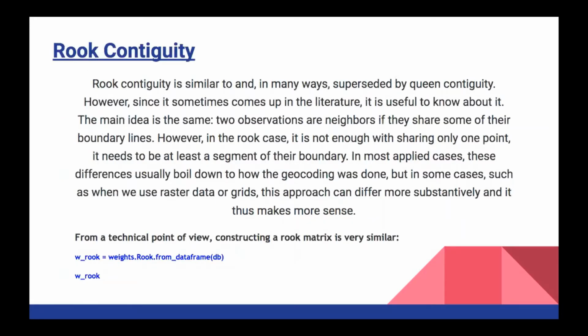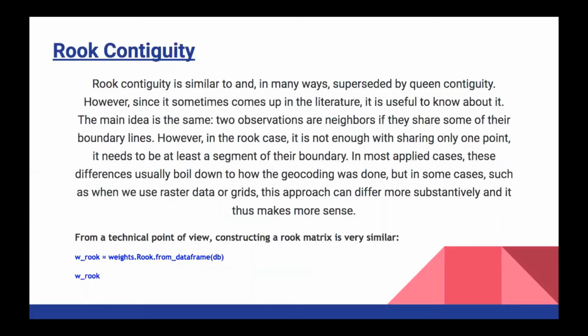Now, the second one is Rook contiguity. Rook contiguity is similar to, and in many ways superseded by, Queen contiguity. In this one, as stated by the literature, the observations must share more than one point of boundary.